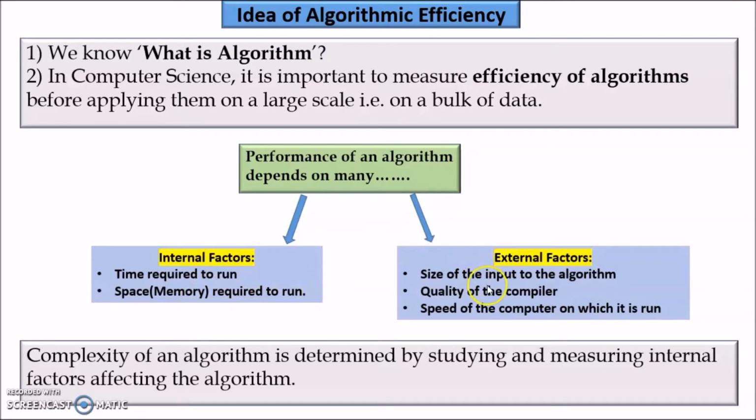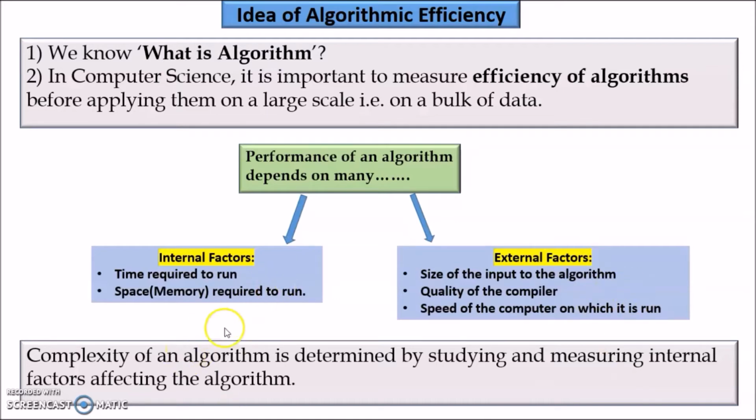And external could be the size of the input to the algorithm and the quality of the compiler, or it could be the speed of the computer on which it runs. Since external factors are controllable to some extent, mainly internal factors are studied and measured in order to determine the algorithm's efficiency, or you can say the complexity of algorithm.